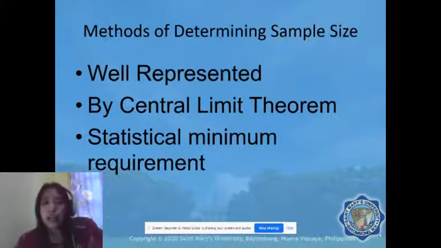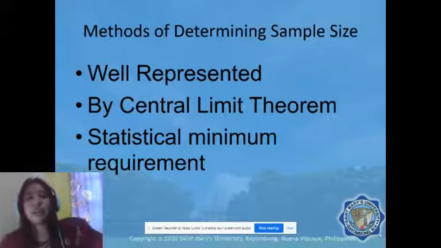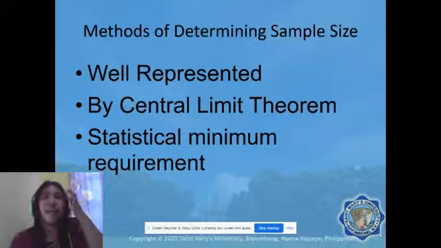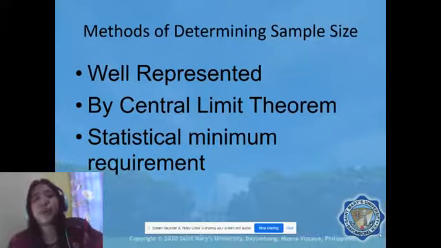Also, aside from that, one more thing is that the central limit theorem does not only state that the sample size is 30. It also states that if there is a grouping, the groups must be equivalent, which means the sample sizes are not far from each other.